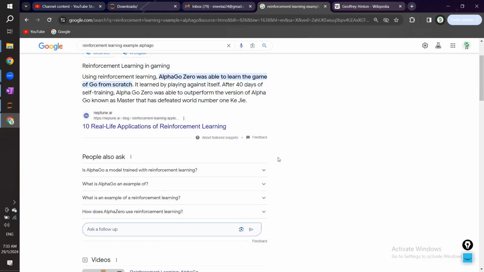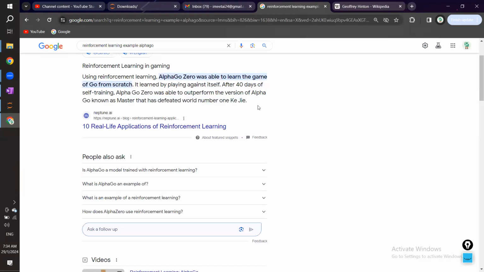That's the reason, after they trained it for 40 days, AlphaGo Zero was able to outperform the version of AlphaGo known as Master, which had defeated the world number one, Ke Jie, who was the world champion at that time.